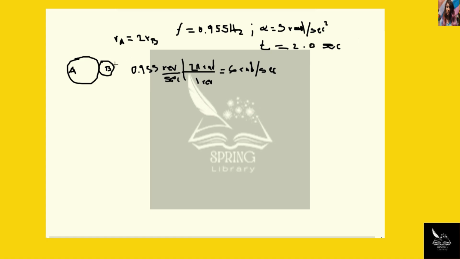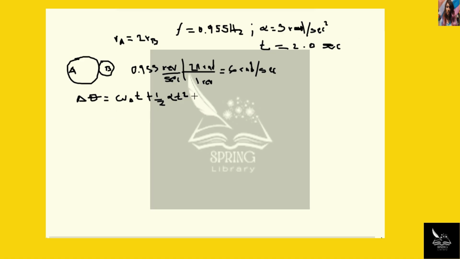To relate these expressions and know the revolutions for each gear, we can use the equation that relates the displacement equal to omega of gear A times t plus 1/2 angular acceleration times t squared.